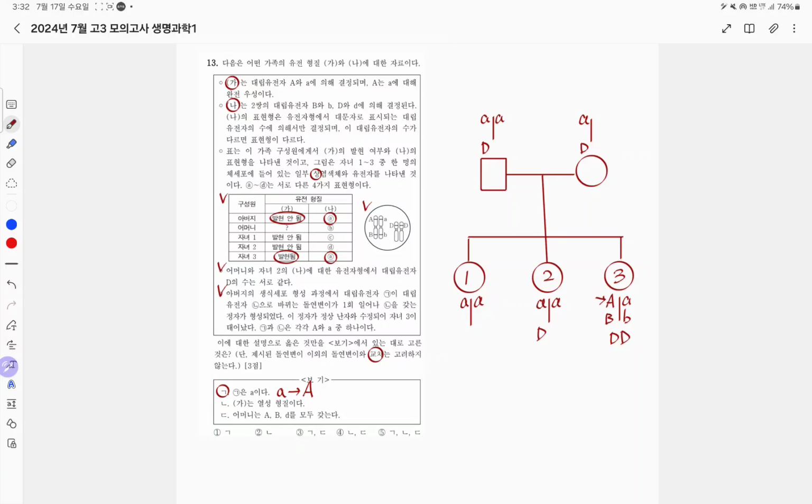And the number of capital B and Ds in father is also 3 because child number 3 has 3 capital B and Ds.